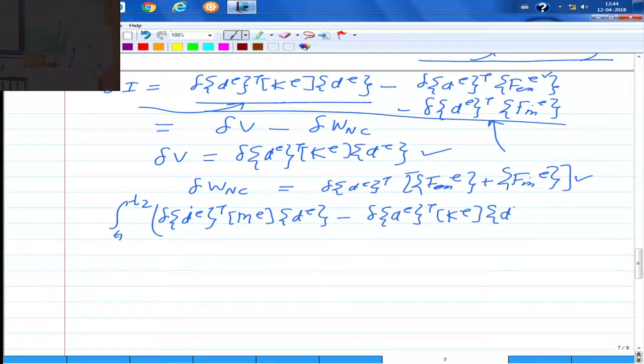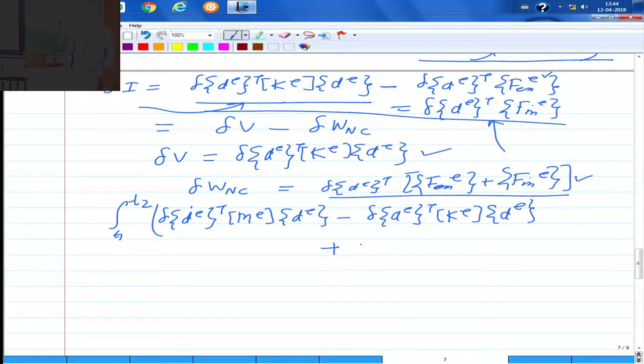The derivation itself is straightforward. So that's the delta V part, and this is the virtual work of non-conservative forces. There is no minus sign here, because I am not writing the potential but the work itself. So delta WNC is just these two quantities.